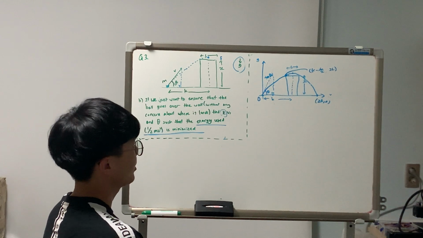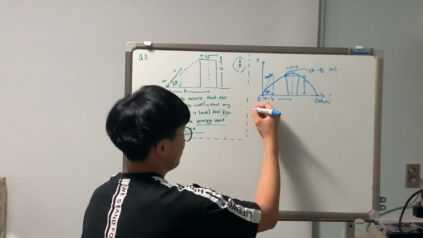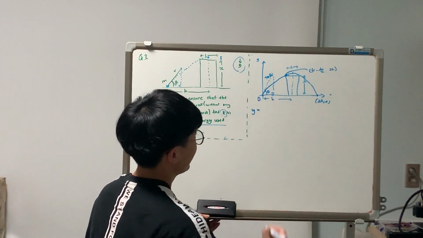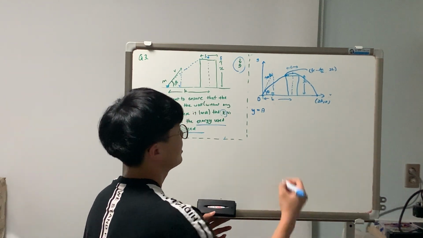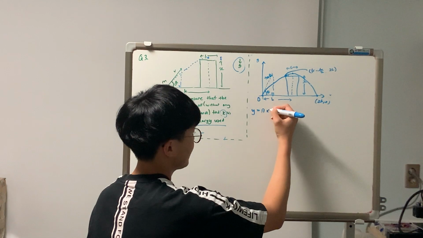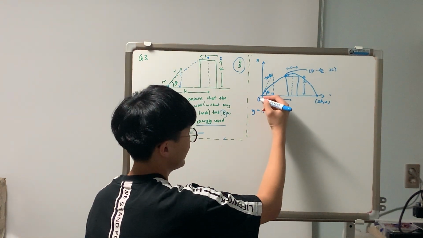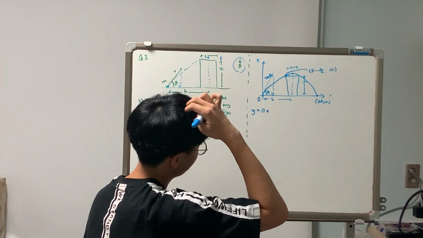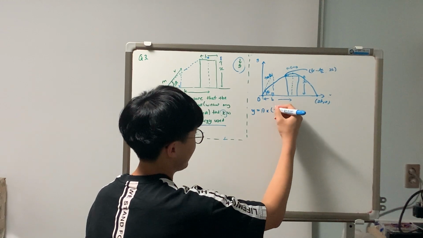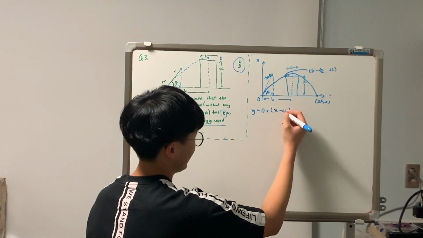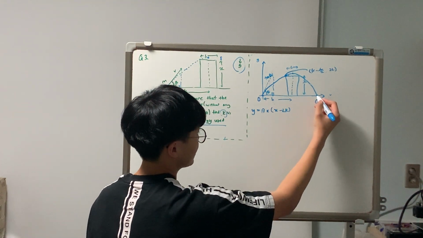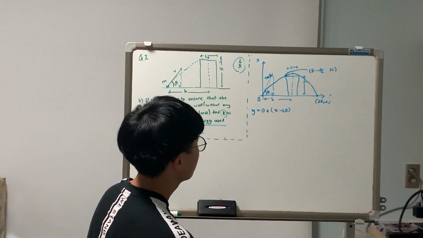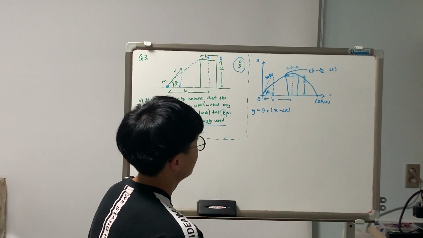And so we have a simple parabola with the equation y equals a, which is the coefficient of x squared, which we don't know yet, times x, because the first x-intercept is at x equals 0, times x minus 2k, because the second x-intercept is at 2k.